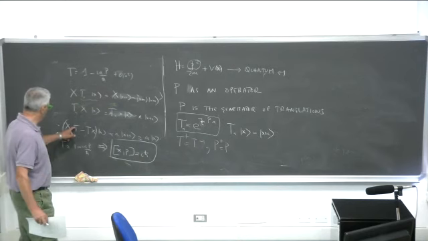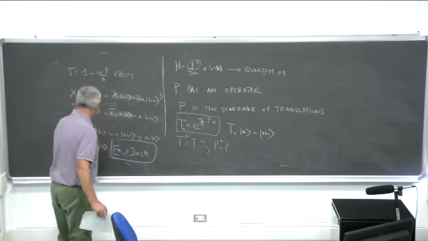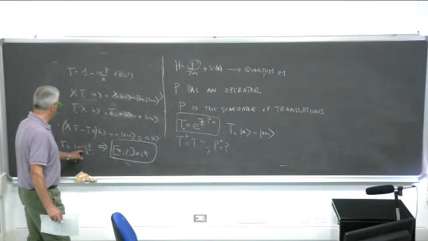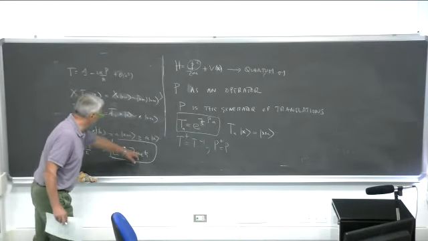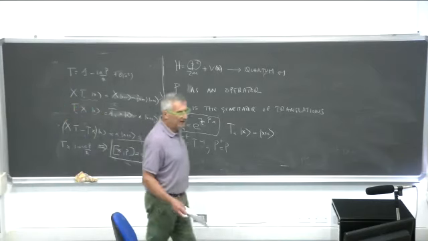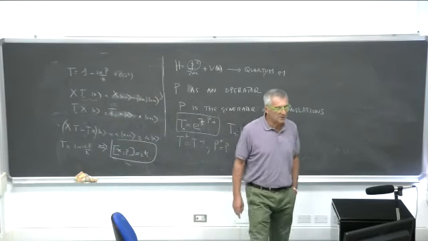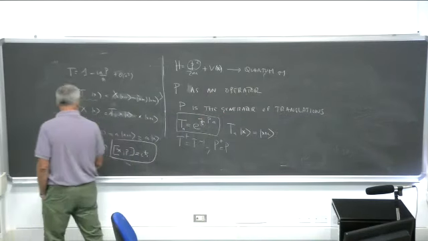You replace T with this, but the 1 cancels. What remains is the order A; you keep the same order A on both sides. There is minus I over H bar, you take it to the other side, A cancels, and you get this. So from the fact that P is the infinitesimal generator of translations, we obtain this commutator.